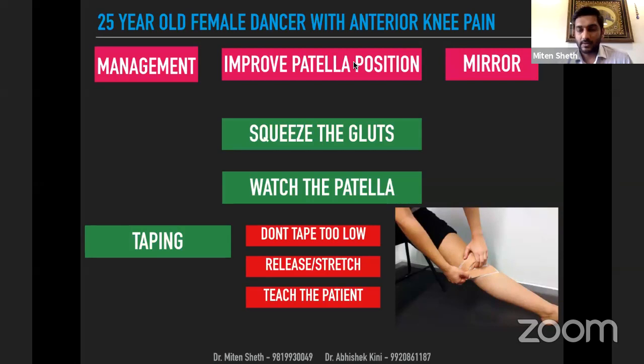So for most of these treatments, we recommend that there should be a mirror. The simplest first thing that you can do is ask the patient to stand and squeeze their glutes, and they will be able to see the kneecaps moving, because there's external rotation of the femur, and they can witness this movement. Once they appreciate this, then most of the other treatment becomes much easier to convince them of.